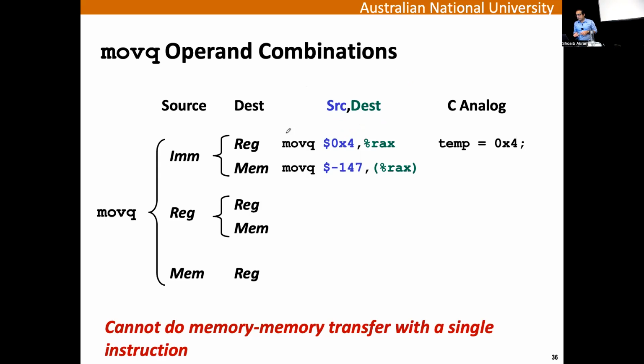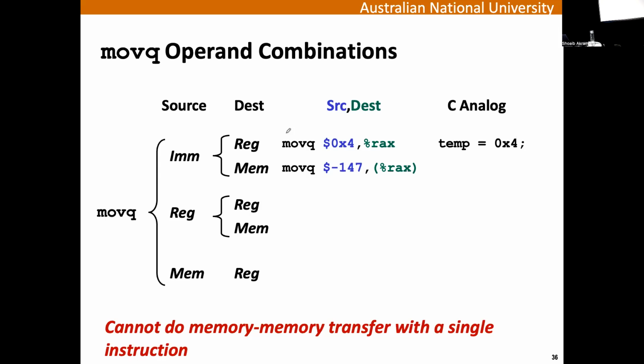What's an example? I think you should write in your notepad, what's the C statement for this instruction? Has everyone done the first lab? So what are we doing here? Dereferencing a pointer, right?